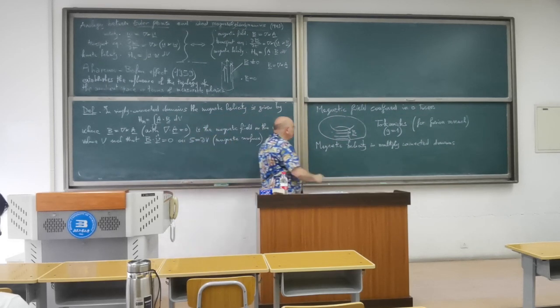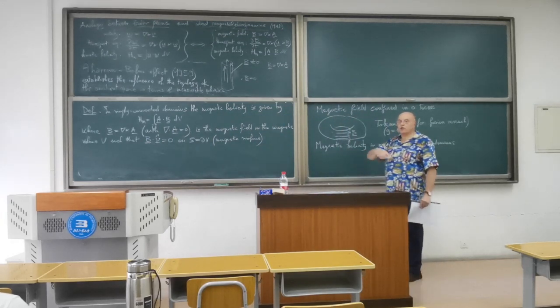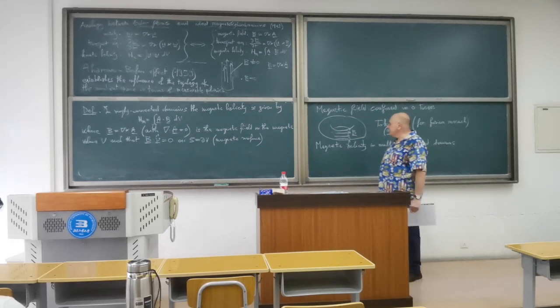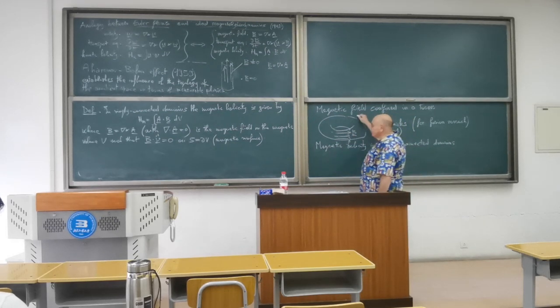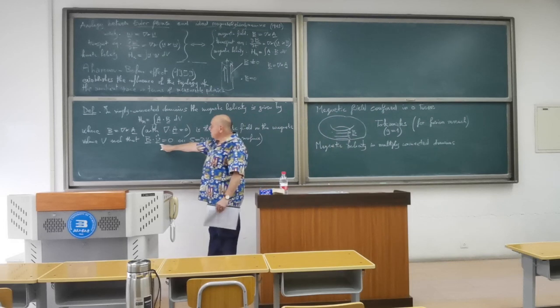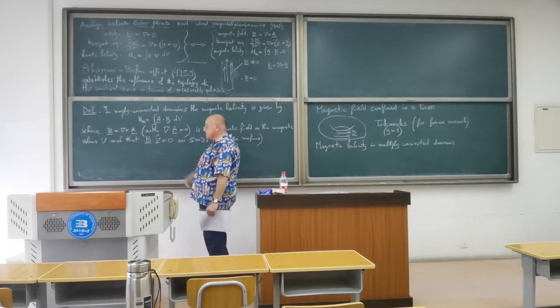Now, for a tokamak or for any other magnetic domain, that means that the magnetic field has no flux through the surface, because it's always tangential to the surface. No flux of B through the surface.